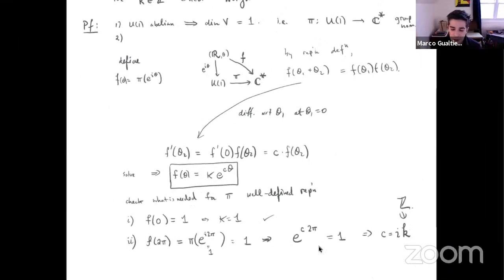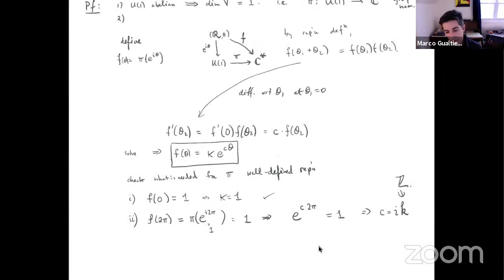So you see, like the condition, you could think that as you increase the angle, you're solving this differential equation and you're getting this kind of exponential behavior. And as soon as you get around the circle, there's a condition that the value of that function must be equal to 1 again.